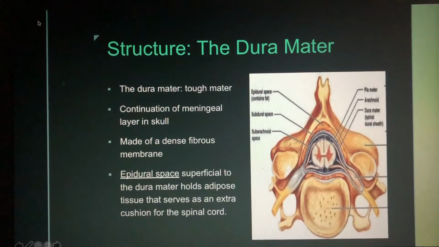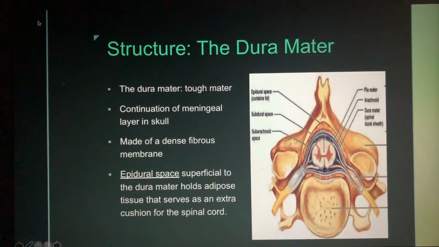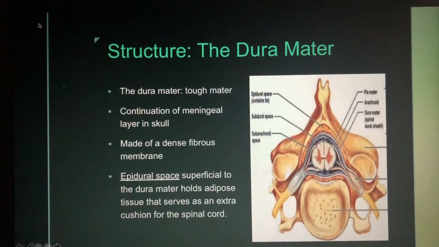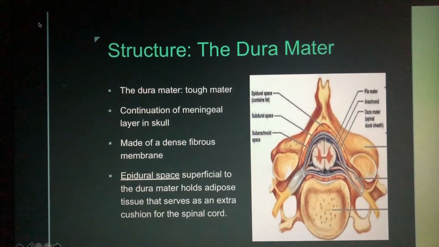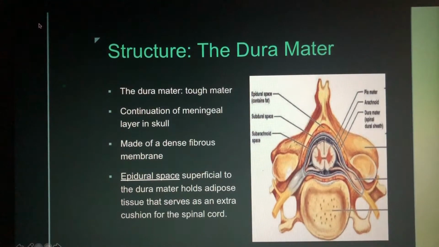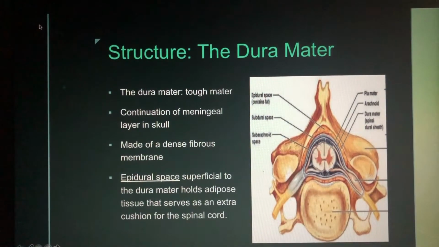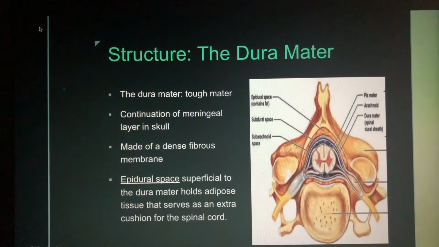The dura mater has 2 layers in the brain, the periosteal and the meningeal layer, but only the meningeal layer continues through the foramen magnum and surrounds the spinal cord. The meningeal layer of the dura mater is a durable, dense, fibrous membrane that contains large blood vessels and is connected to the epineurium of various efferent nerves that leave the skull.